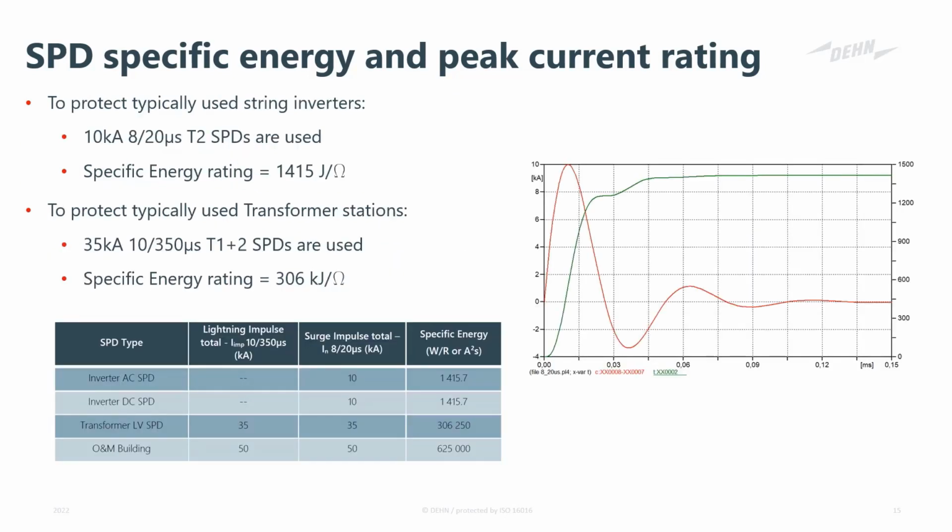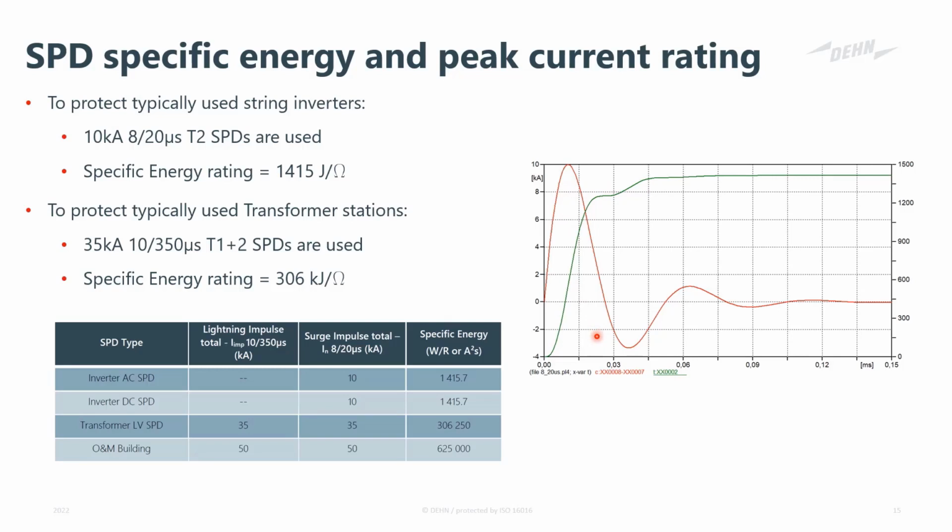If we look at an example of what we have installed inside the string inverters, and what we want to analyze and investigate to see if it's going to be overstressed: firstly, for a typical 10 kA rated type 2 SPD, you can see the specific energy limit here, and in the graph on the right we have the 10 kA 8x20 impulse, and the specific energy is the integral of the amps squared under this curve.